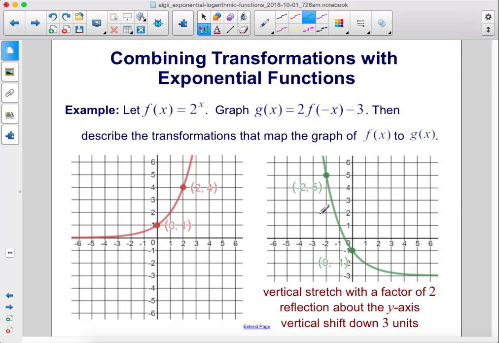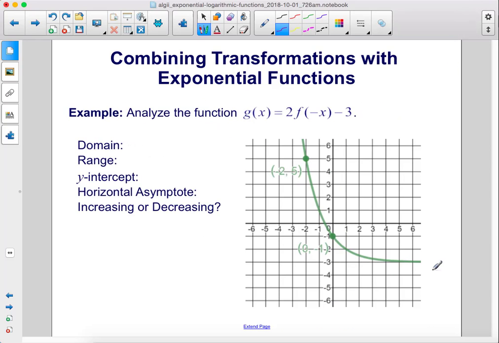And you can see that here, this portion, f of negative x, gives us a reflection across the y-axis. We have the 2 out here giving us a vertical stretch with a factor of 2, and this negative 3 gives us a vertical shift down 3 units. Let's analyze the function. The domain is going to be all real numbers from negative infinity up to positive infinity.